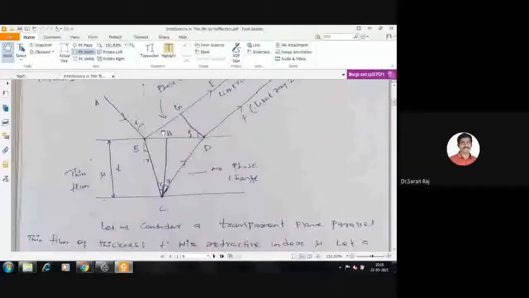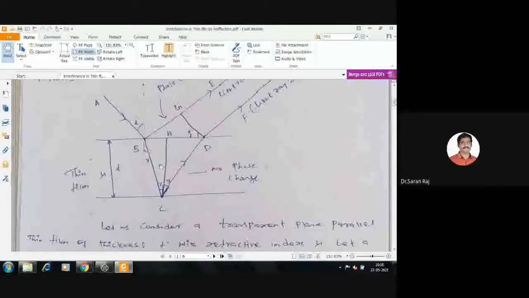Next, BE and BC: BE is the reflected ray, and BC is the transmitted light ray. Let the angle of refraction be R.